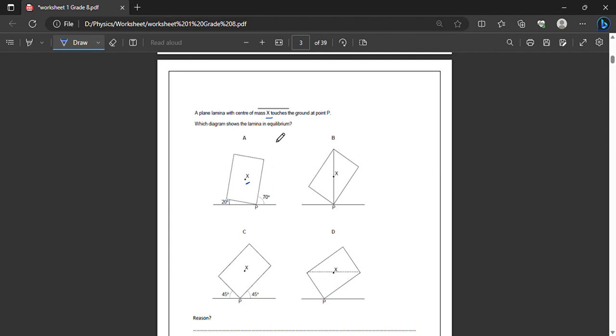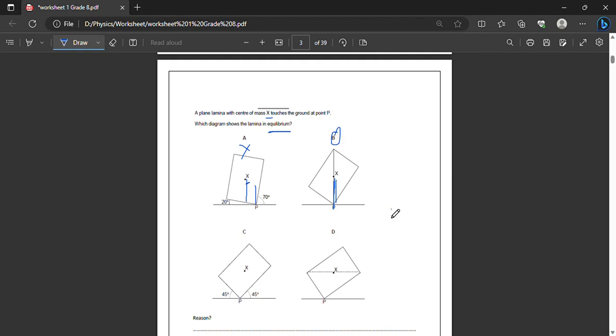If they ask for equilibrium, in the case of a lamina, it means that the center of mass, that is X, should be in the same line as the point P. If you check here, X is going like this, P is going like this, so it is not A. Then if you check B, here X is going down and the point is coming up, so they go in a straight line, so the answer will be B here.